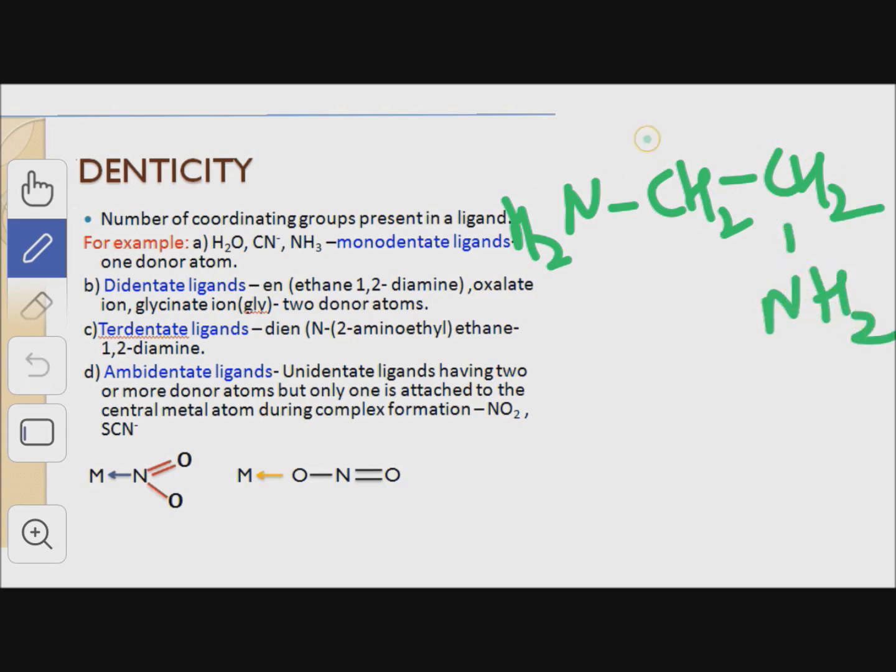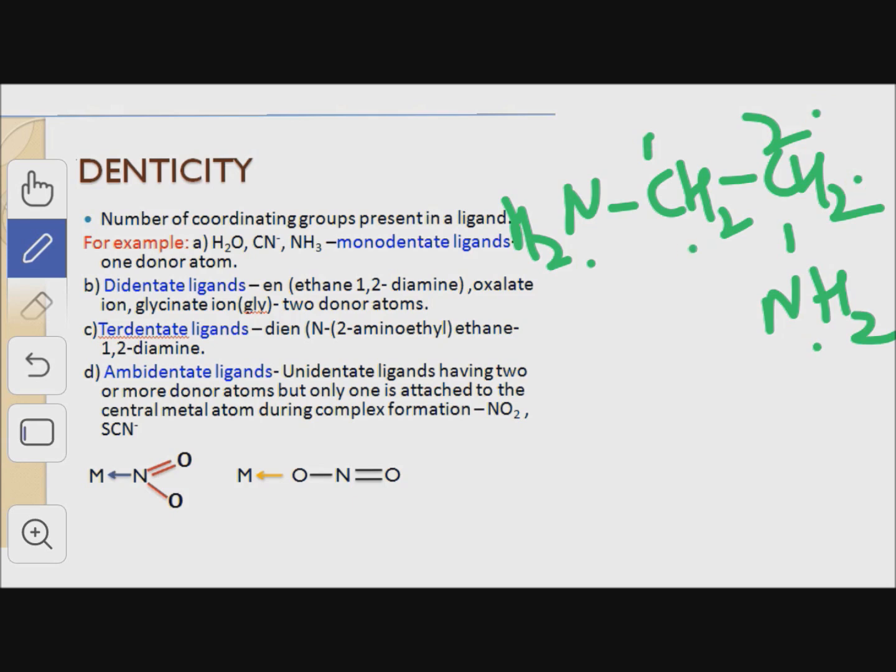Here this is one carbon and this is the second carbon, and the name is ethane 1,2-diamine. This is ethane, CH2 CH2.